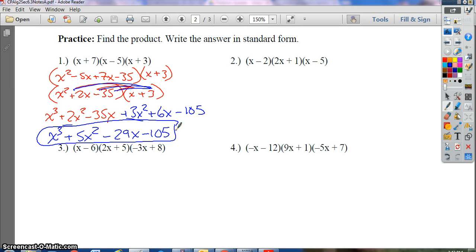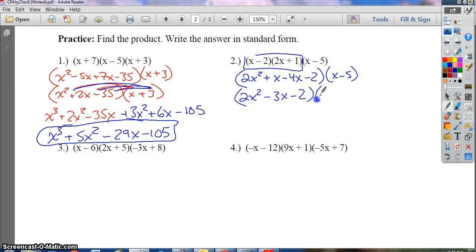Okay. Number 2, I'm going to FOIL again. I'm going to first FOIL these two. This is 2x squared plus x minus 4x minus 2. I'm going to combine like terms before I multiply again, cut down on the amount of work. Let's face it, we could do this with less work. That's what we're going to do. Now it's the x term.